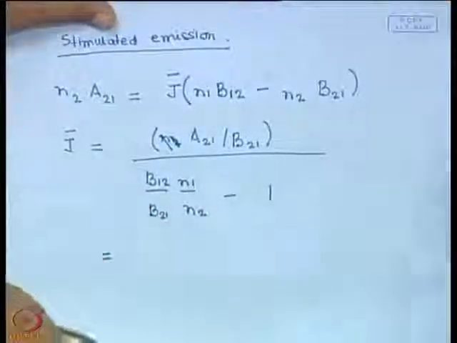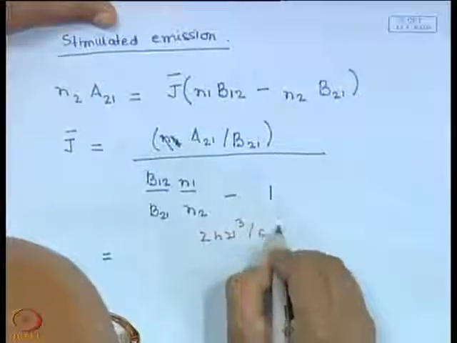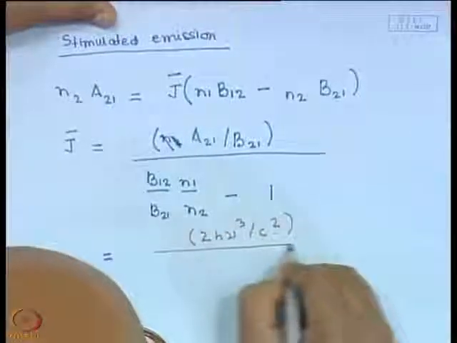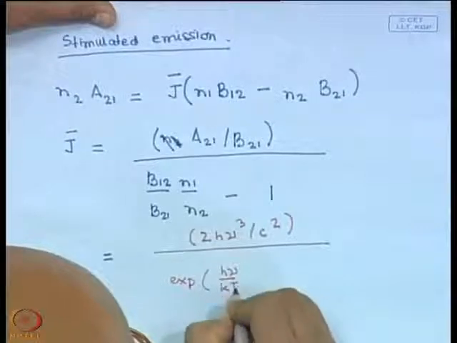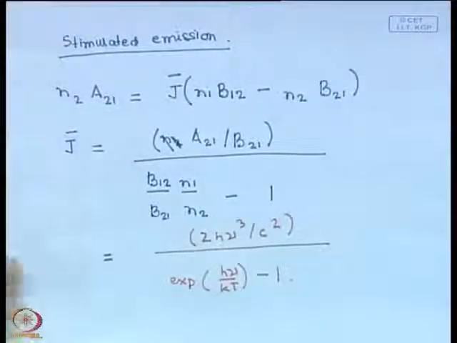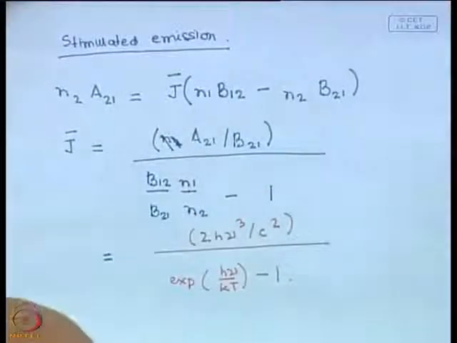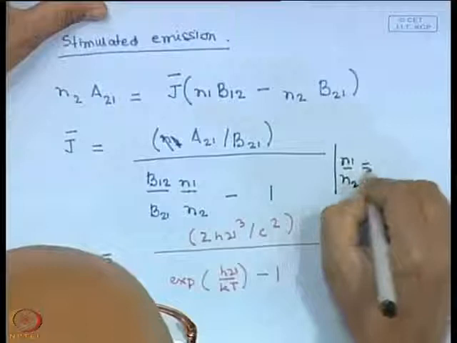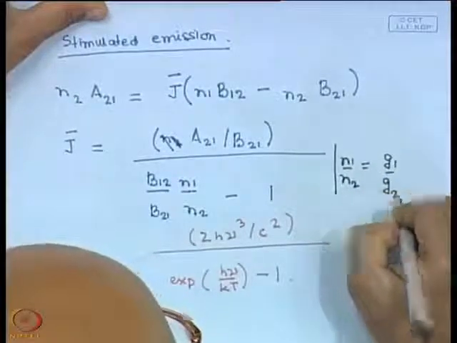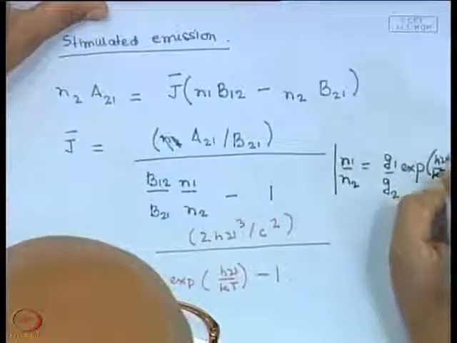If we compare it with the Planck spectrum, then we have 2h nu cube by c square, and in equilibrium the ratio of these particles, N1 by N2, is given by g1 by g2 exponential h nu by kT.